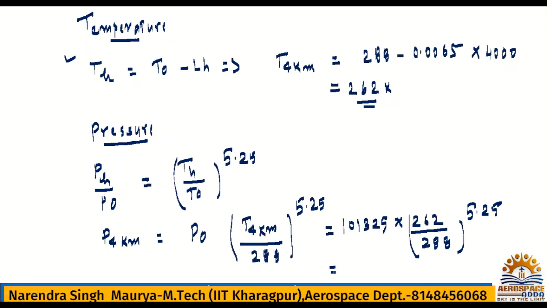It is 61657.77 Newton per meter square, or you can call this 61.65 kilopascal. This is also correct.